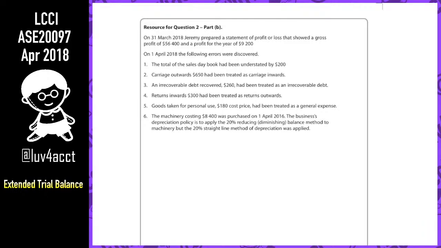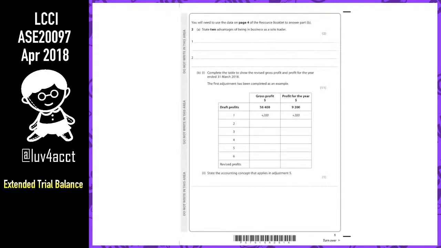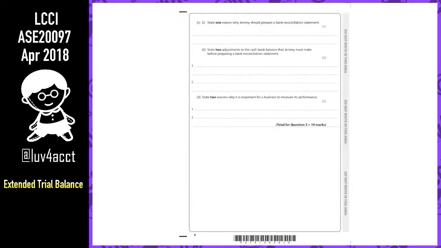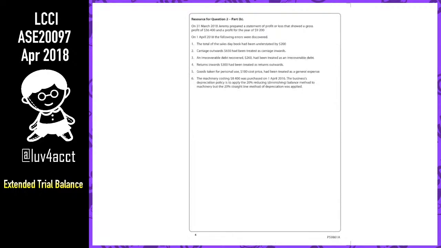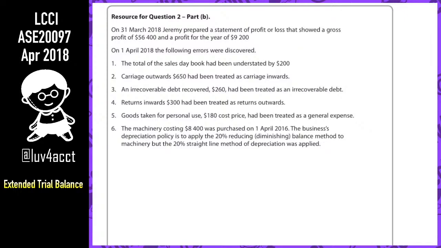So question 2. What is that? We have some adjustments. Is it correction of errors? Are we working on the correct set of paper?